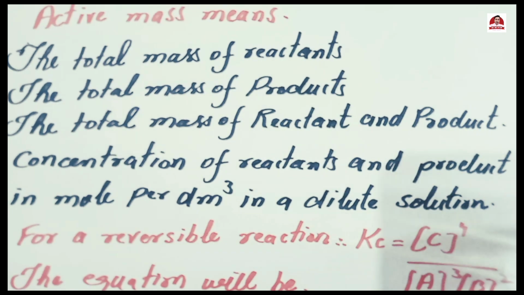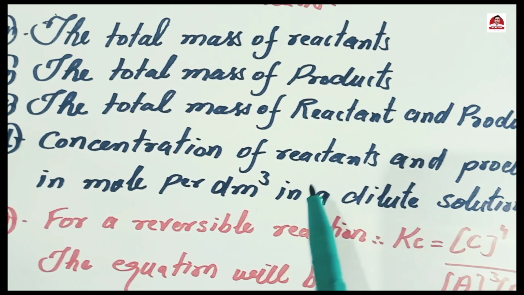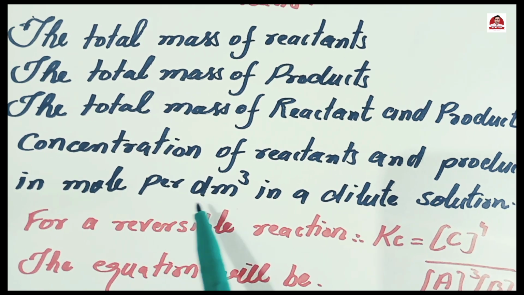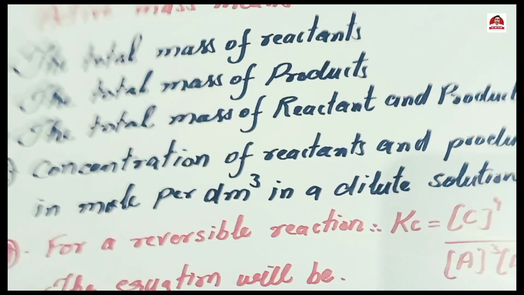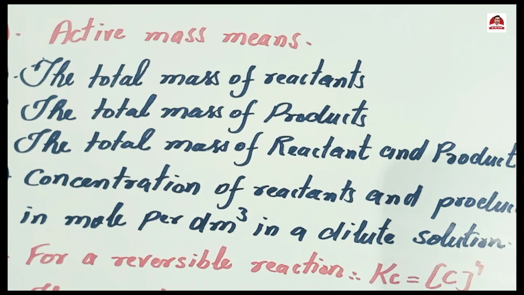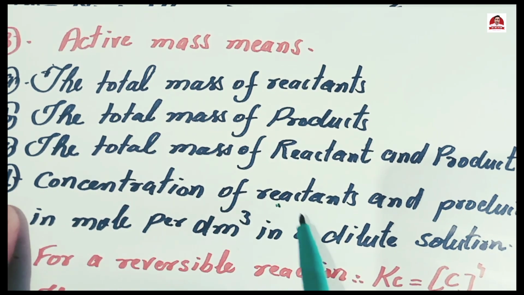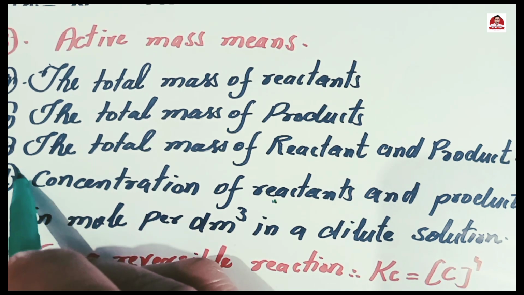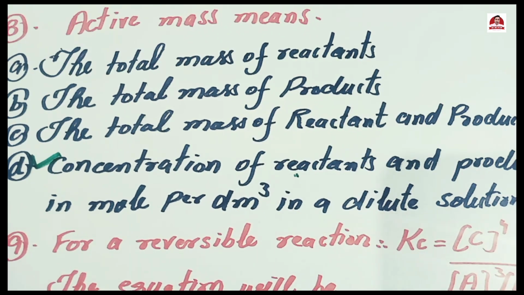And option D, the concentration of reactant and product in mole per decimeter cube in a dilute solution. So the active mass is the concentration of reactant and product in mole per decimeter cube in a dilute solution. So option D is correct.